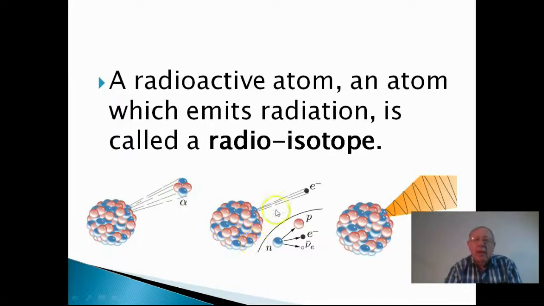Sometimes we can have a beta particle here, which is a fast-moving electron coming out of the nucleus of the atom. Now you might wonder, an electron coming out of a nucleus, aren't electrons around the outside?